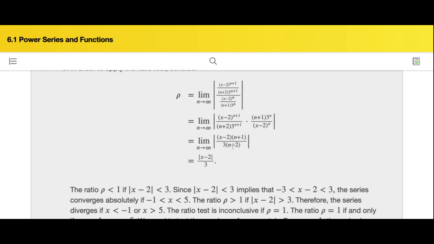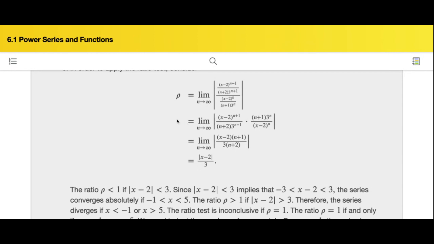The leading term in the numerator is n, in the denominator is 3n. n divided by 3n, that's 1/3. So the limit equals 1/3, then multiply by the absolute value of x minus 2. Okay. So we have 1/3 of the absolute value of x minus 2.